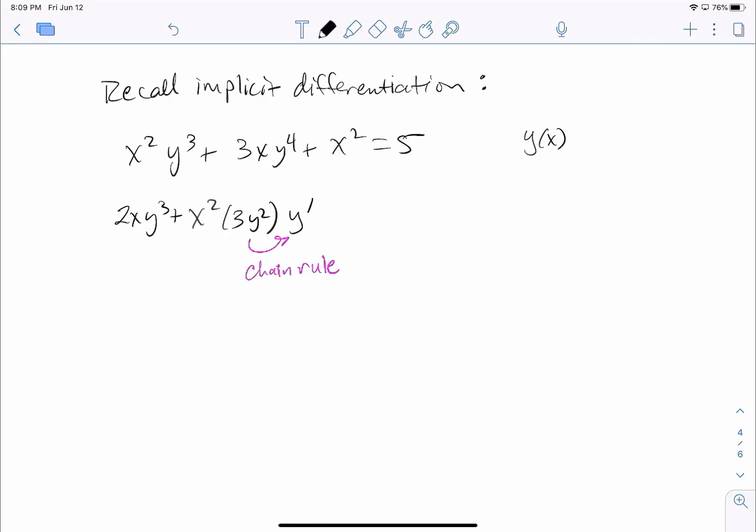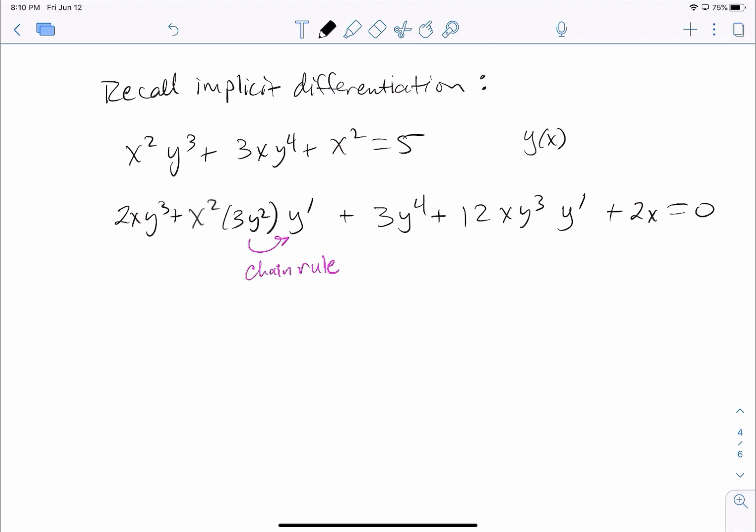For the next term, we have, again, a product rule. So 3xy to the 4th is going to differentiate to 3y to the 4th plus 12xy cubed times y prime. And then we finish off plus 2x is equal to 0.